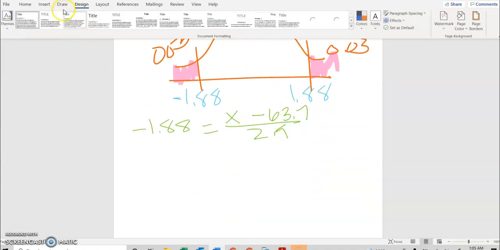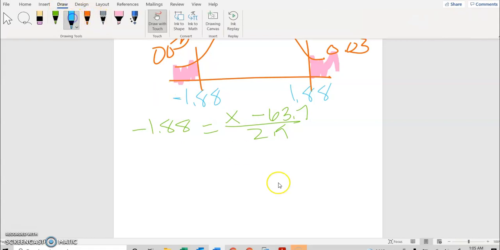I'm going to start by multiplying both sides by 2.9. So 1.88 times 2.9 is negative, that's not what I put into my calculator. Okay, negative 5.452 equals x minus 63.7.